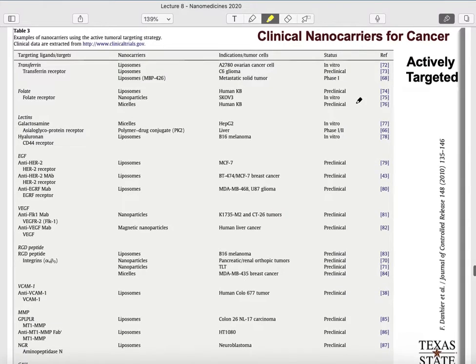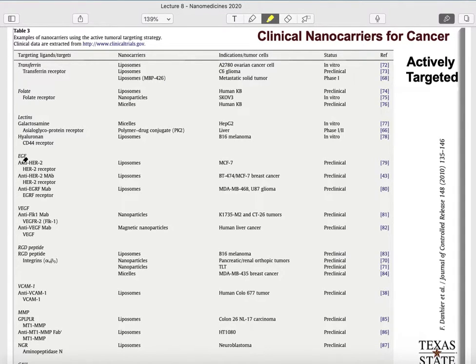All right, the next slide here is basically showing a number of different targeted agents, whether they're liposomes, micelles, nanoparticles, or conjugates, and then the type of ligand that has been used to target each of the receptors. So for the transferrin receptor, this is what we use. For the folate receptor, this is what has been used.